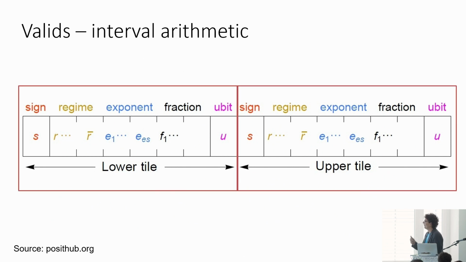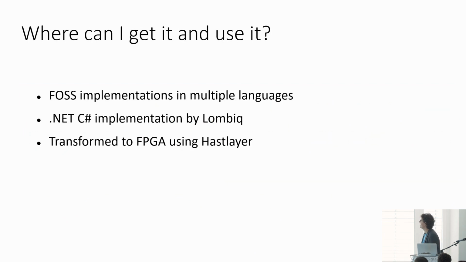I won't really go into that now, but valids consist of a pair of posits, and it has an advantage over traditional interval arithmetics that at the end of each posit, as if each tile, there is a u-bit, an uncertainty bit, which tells us whether the given end of the interval is open or closed. So it has some nice consequences in interval arithmetic that we can track that.